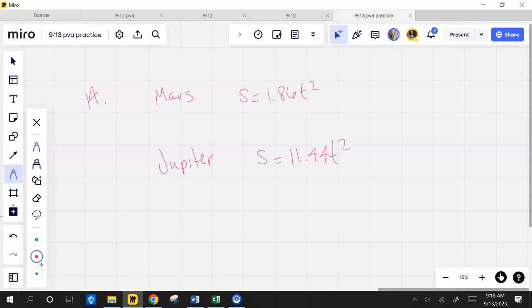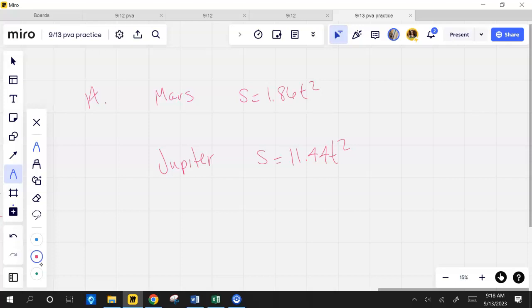How long would it take, what am I looking for, Robert? How long will it take? So time, right? I already know I'm looking for time. How long would it take for a rock falling from rest to reach a velocity of 16.6 meters on each planet? Yes, I agree.